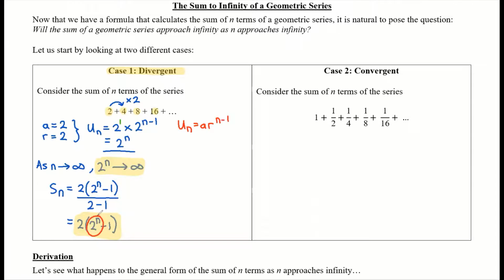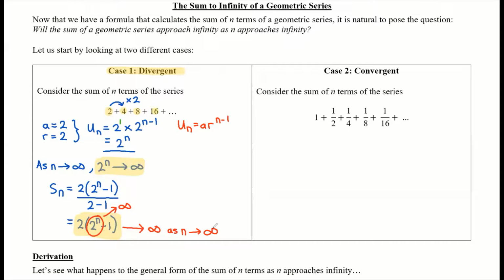We know that that approaches infinity as n approaches infinity. So clearly, this is going to approach infinity as well. So this is what divergence is. It's when your sequence or your series, both in fact, approach infinity as your n value approaches infinity.